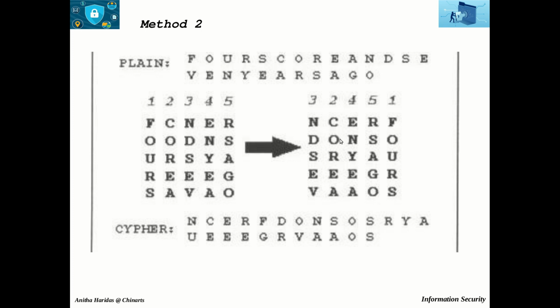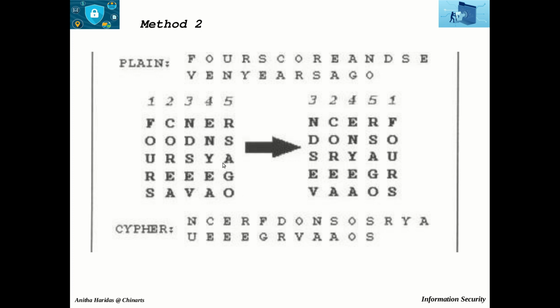So I transmit it like this. Then the second row, third row, fourth row, and so on. So your resulting ciphertext will be like this.